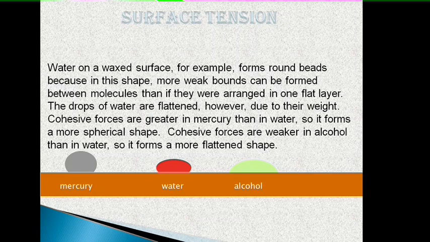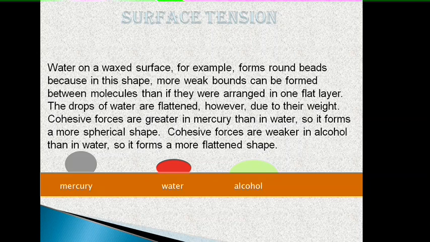What will happen? It forms round beads in shape, because more weak bonds can be formed between these molecules than if they were arranged in one flat layer.